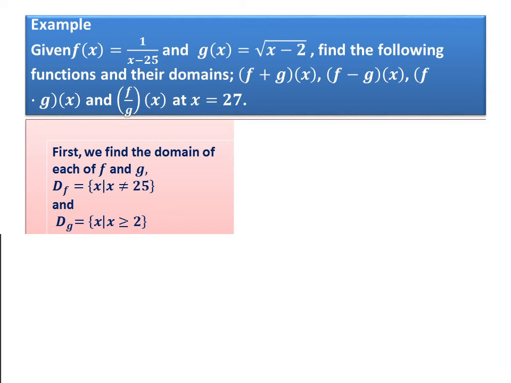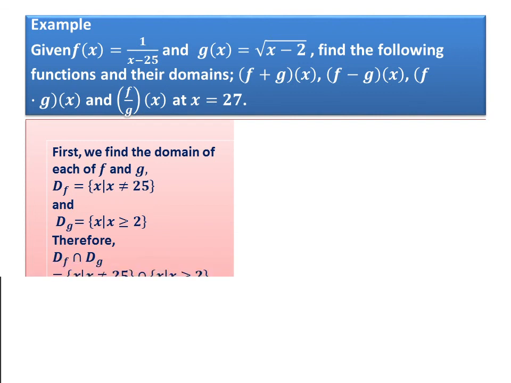So dg is equal to the set of x such that x minus 2 is greater than or equal to 0, meaning that dg, the domain of g, is equal to the set of all real numbers x such that x is greater than or equal to 2. Now we'll find the intersection.